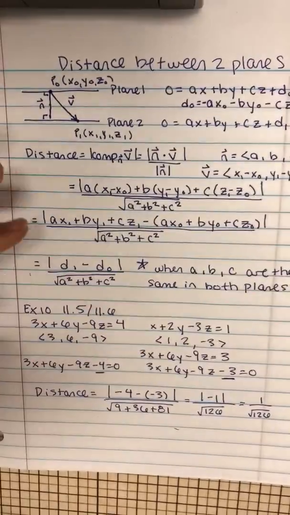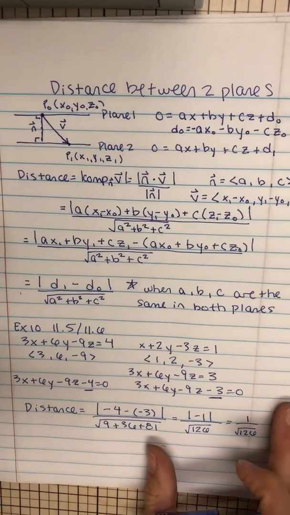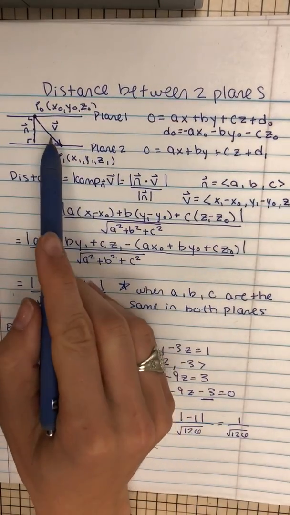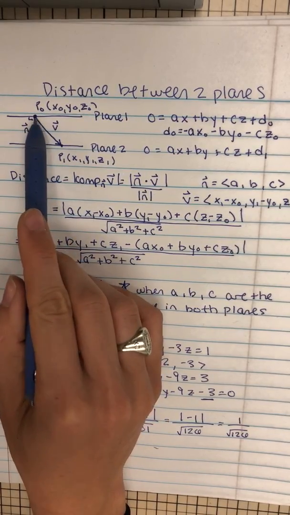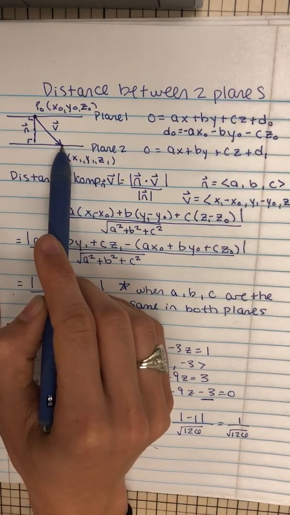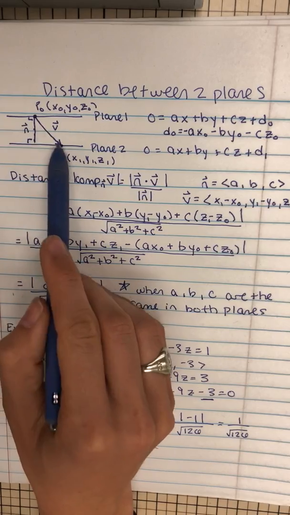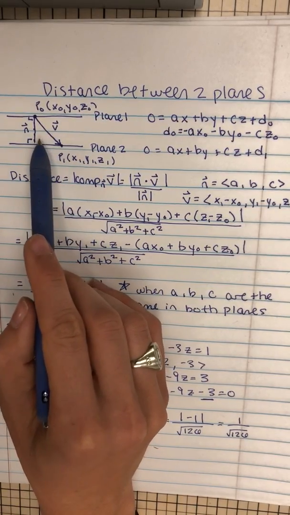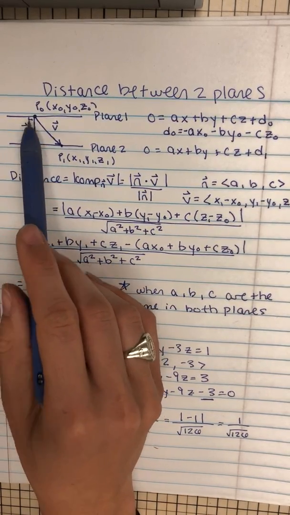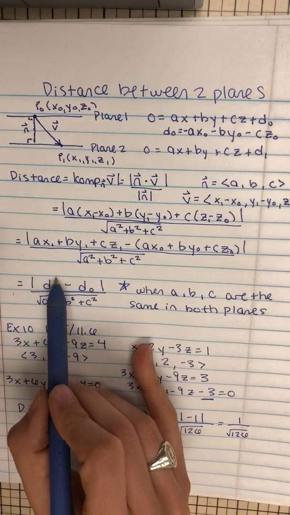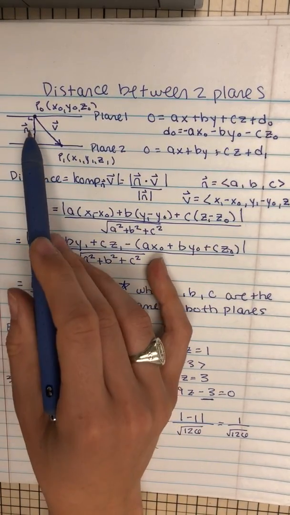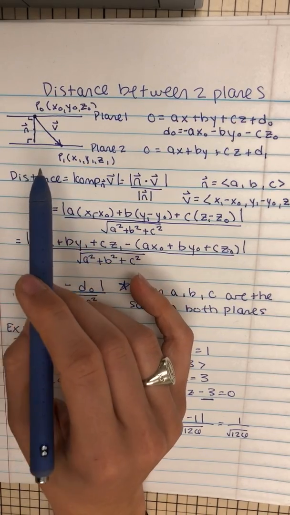But let's recap. This distance formula works because we are taking the distance between 2 points, one on one plane, one on the other. We're creating a vector v in between them, and we're projecting that vector onto the normal vector between the two planes. The reason we were able to use d1 and d0 in this example was because the normal vector was the same for both of them.